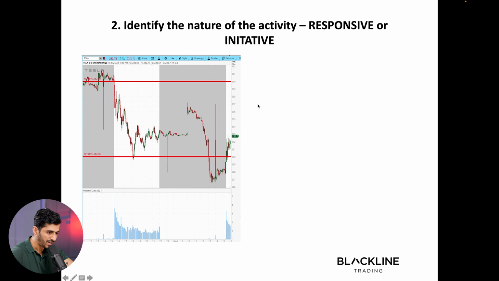But given the context of the session, given the context of the bigger picture, as we discussed earlier, we established that 230 is a big inflection point, a big demand zone for the stock. Hence, our assumption at this point is that those initiative actors will defend that area.